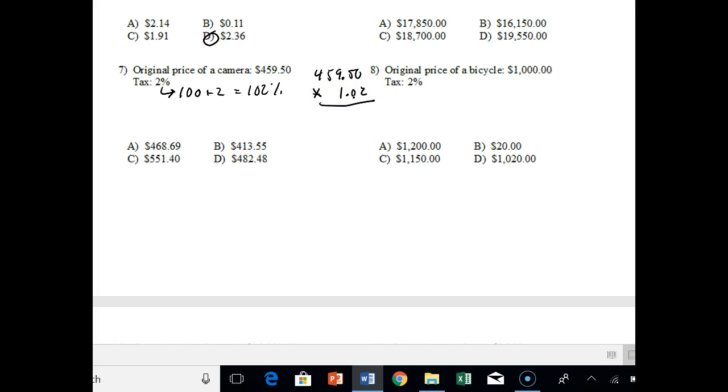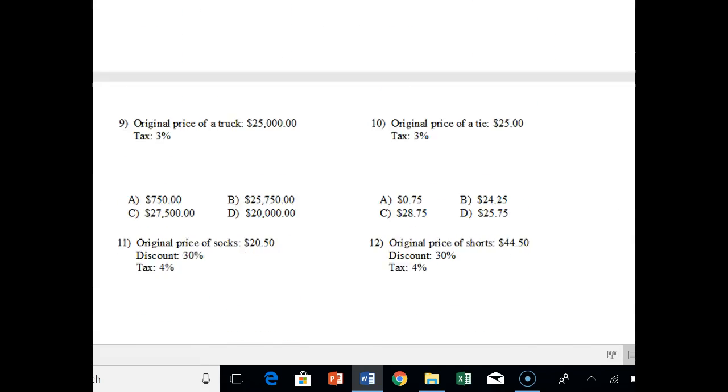Right? So again, my answer has to be bigger. And when we do that multiplication, we get 468.69. And again, that makes sense as an answer because it's 2%, so it's only going to be a little bit more than $459. B does not make sense because that's less than $459. So you should be able to cross off that answer.